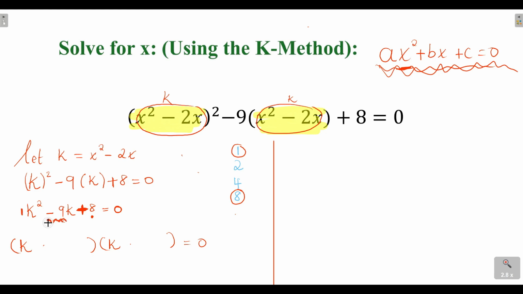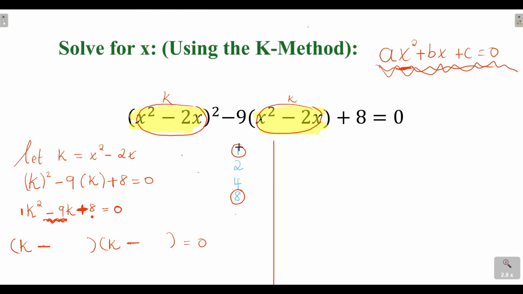Because our middle value is a negative, our signs are going to be a negative and a negative. If our middle value was a positive, and we also had a positive sign for our last term, then the signs would be a positive and a positive. Why? A negative times a negative gives us a positive, and a negative minus a negative gets us to -9.